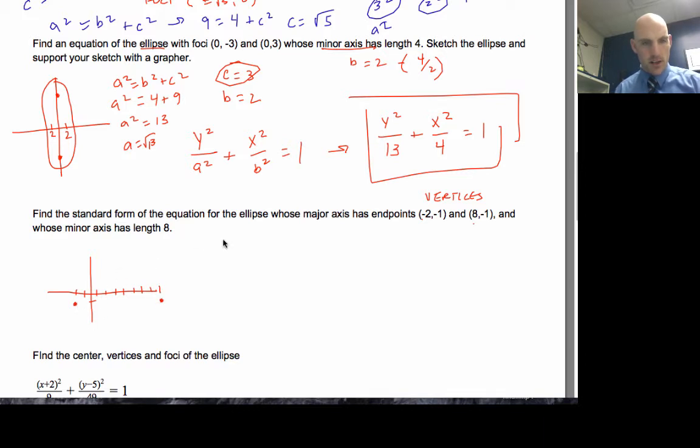Oh, and my minor axis has a length of 8, which means that b is equal to 4. So this is going to be at 1, 2, 3, 4. That minor axis length is measured halfway, right?